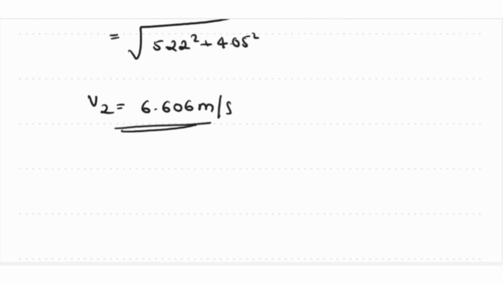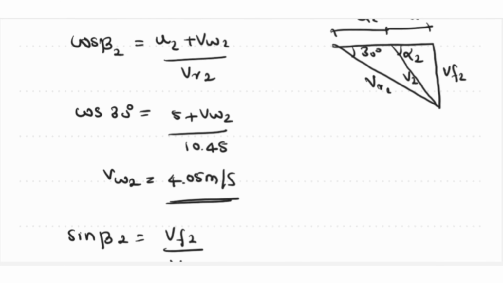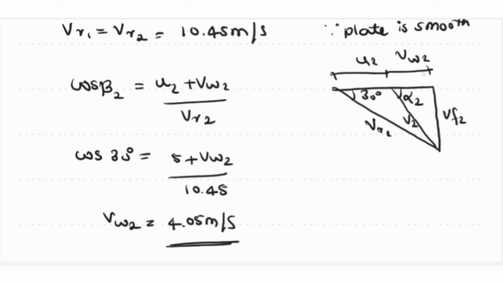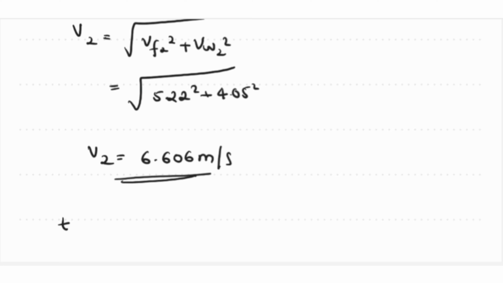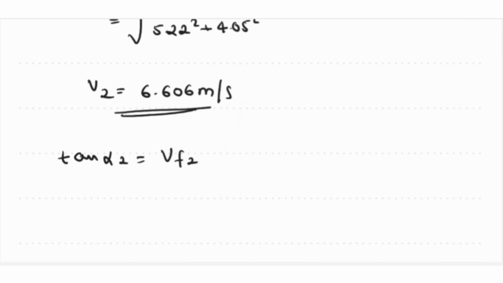So this is the magnitude. We should calculate what is the direction. We can calculate the direction by referring to this outlet triangle. So we need alpha 2. Here Vf2 is known and Vw2 is known. We can apply the tan to the triangle. So tan alpha 2 is equal to Vf2, the opposite side, and Vw2, the adjacent side.